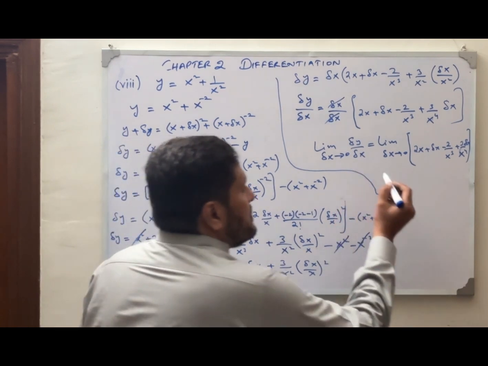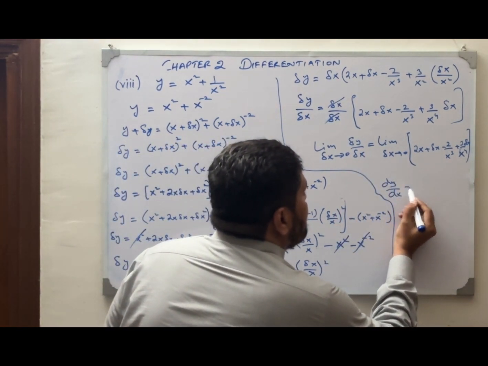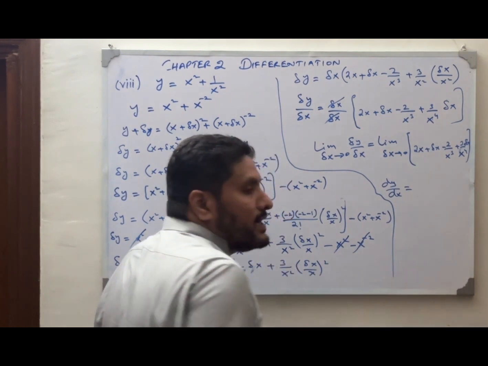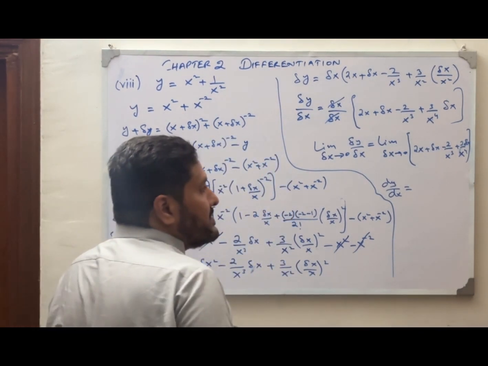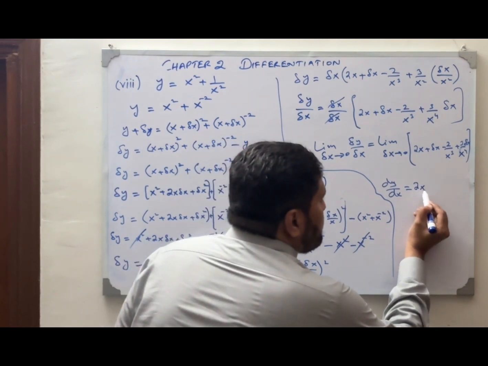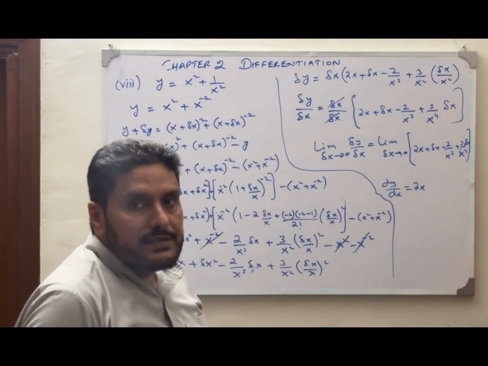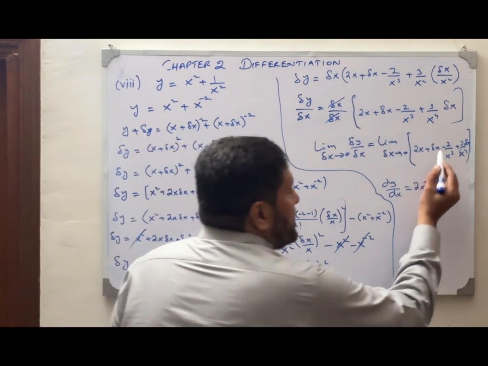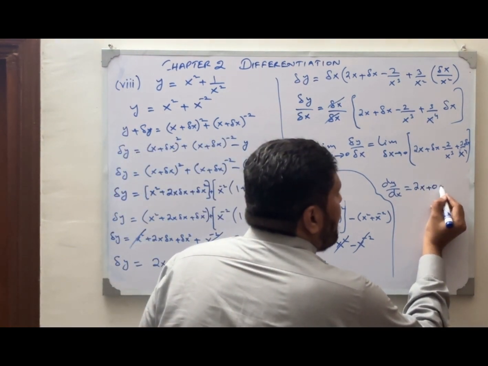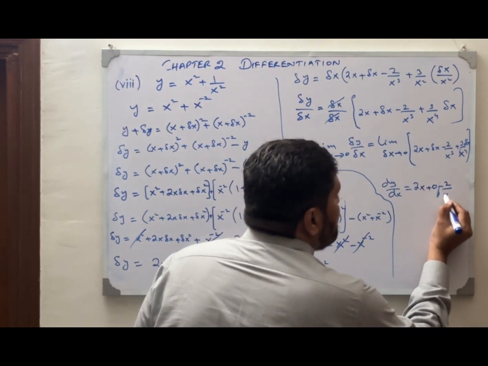So on the left hand side we have dy by dx, that is equal to the first term 2x, in which there is no involvement of delta x, so that will be written as it is. Plus the second term delta x, as delta x is approaching to 0, so that is equivalent to 0. For the third term we have minus 2 by x cube, so that will remain as it is.